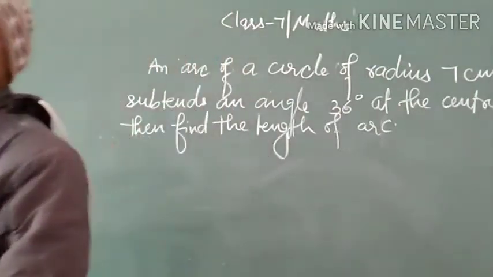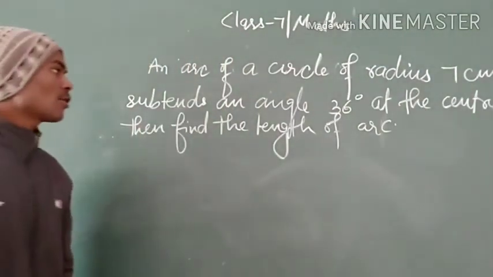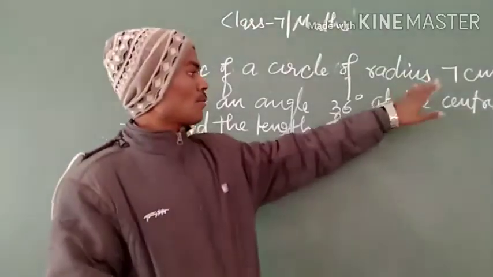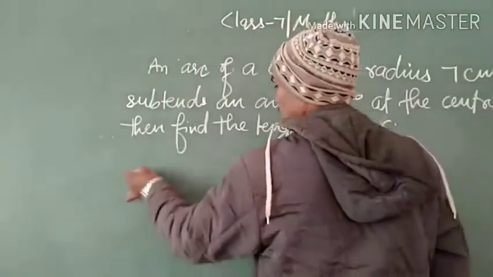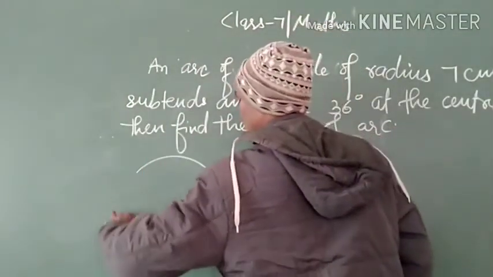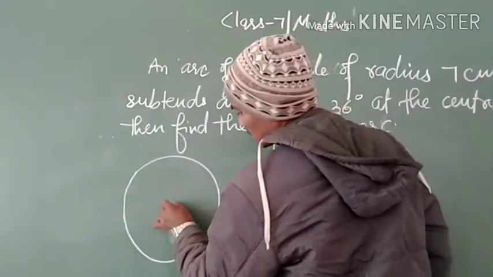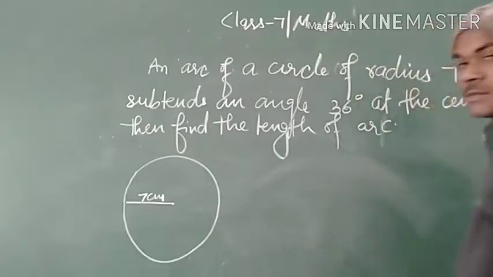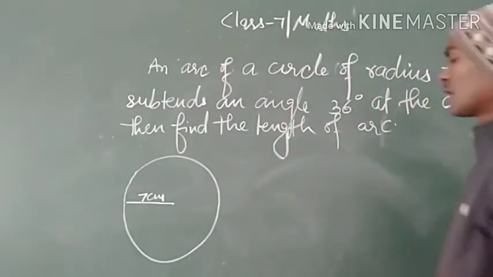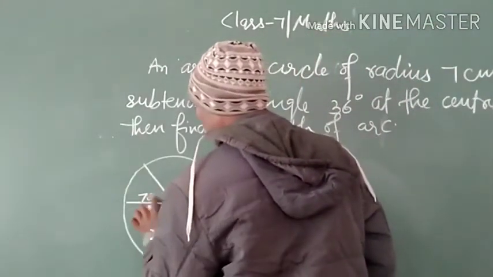Okay students, so this is the given question. Let's see what the question says. An arc of a circle of radius 7 centimeter. So there is a circle of radius 7 centimeter, which subtends a central angle of 36 degrees.